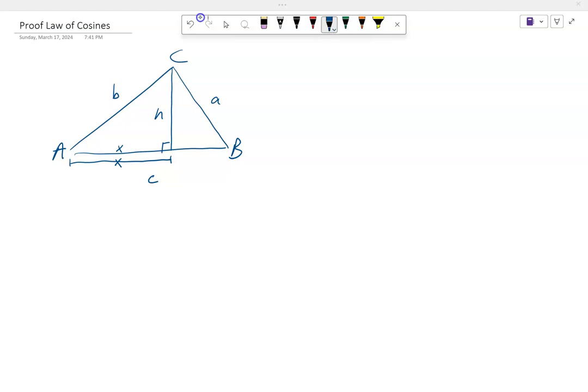And then, since this whole thing is c right there, this would be c minus x right there. And so number one, we know by right triangle trig, if we took the sine of A, see how we have the right triangle there, it would be the opposite side h over b, right?